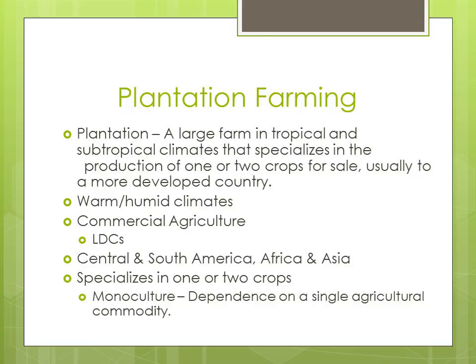So obviously the climate is going to be warm and humid. And this is something that we typically see in LDCs. So as far as commercial agriculture goes, we've seen the expansion of commercial agriculture in LDCs, mainly because MDCs are pushing for it. MDCs want certain commodities, certain crops that they aren't able to grow. Notice the climate that's associated here. These are tropical and subtropical areas.